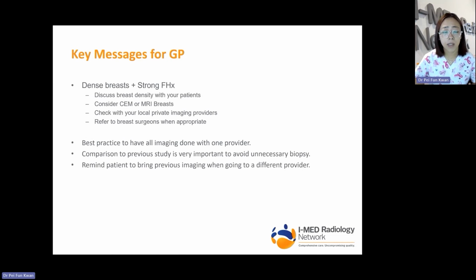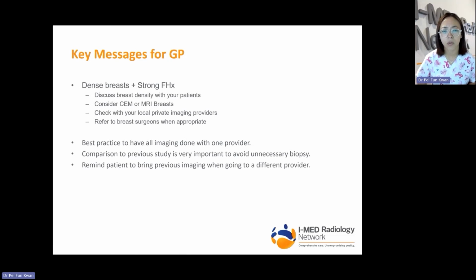And so when you see a patient with dense breast, extremely dense breast, and strong family history, if they qualify to have screening MRI breast, that is the best test and the most sensitive test. And refer your patient to the breast surgeon, and they are eligible for MRI breast screening.